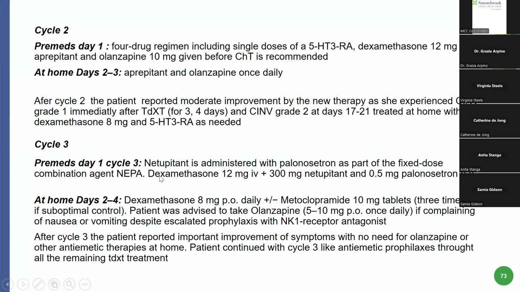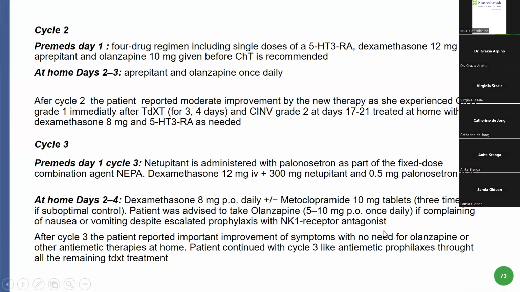So on the 3rd cycle, we started the NEPA, and we put it together with dexamethasone, and we kept the dexamethasone on board for the day after, and the metoclopramide, and we gave her a prescription for olanzapine as a breakthrough medication, and she finally got better, and we didn't need any olanzapine as a breakthrough for nausea anymore.